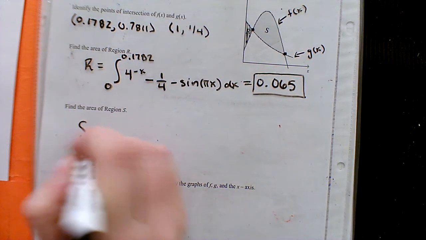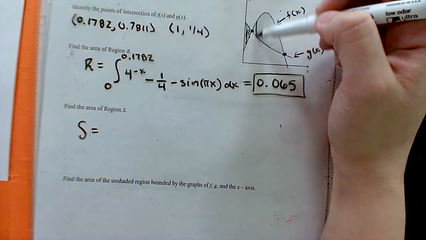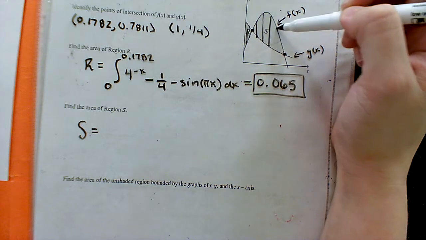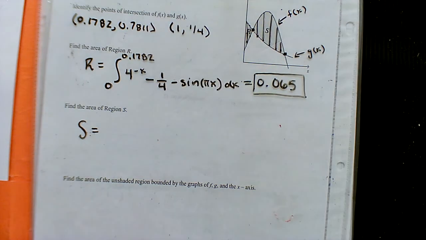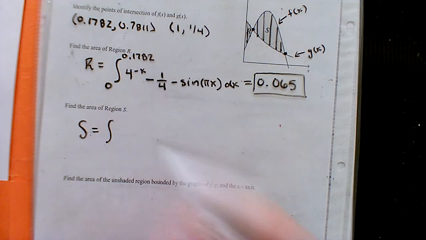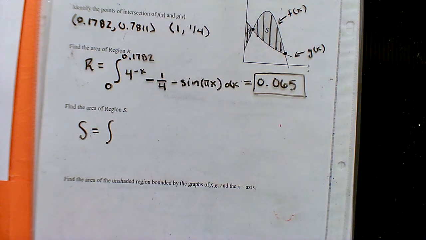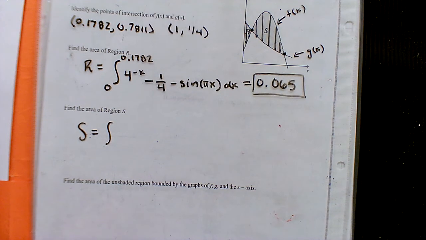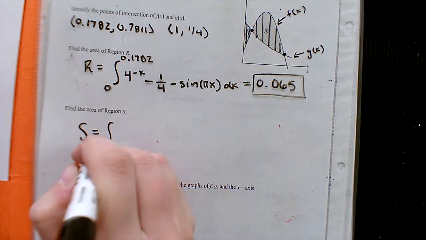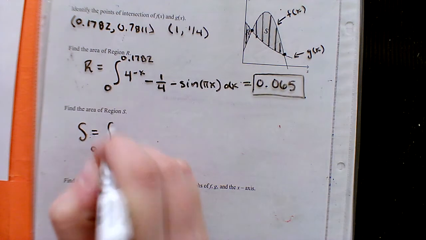So let's take a look at region S. If we were to draw in some rectangles throughout that region, where do those rectangles begin? Where do they end? Can we figure out the bounds for our integral? To 1. Good. Those are the intersection points.